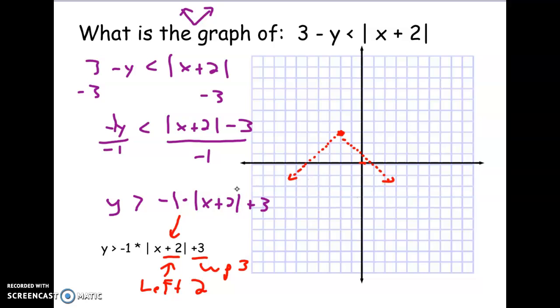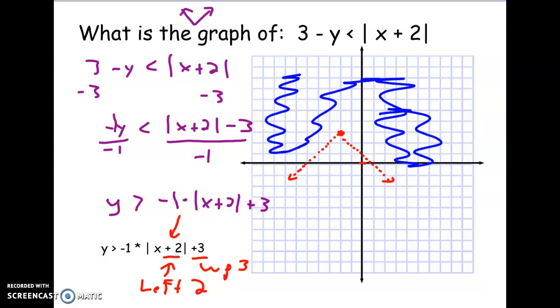Okay, and then the final step is to shade above or below that. All right, and because y is big, the mouth is eating y, we want to be above the V up here. So we're going to shade in all this area, and all of these points up here are the solutions to this particular inequality.